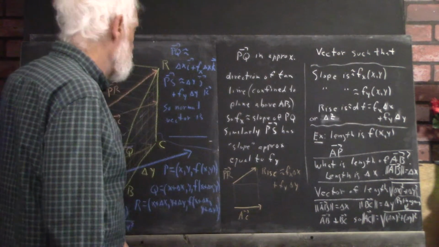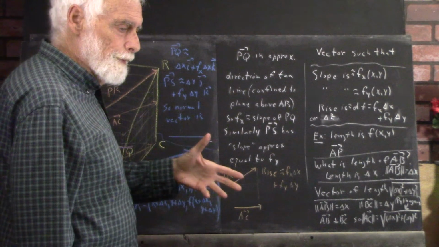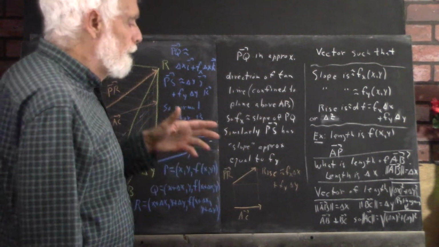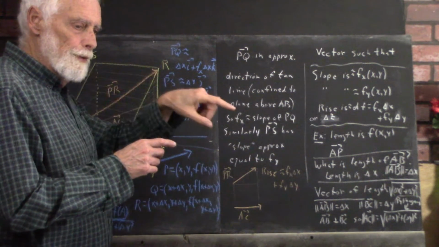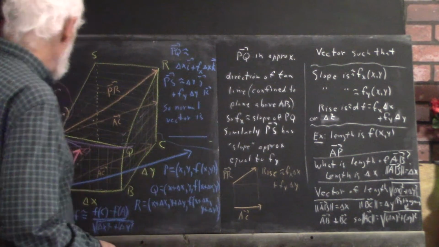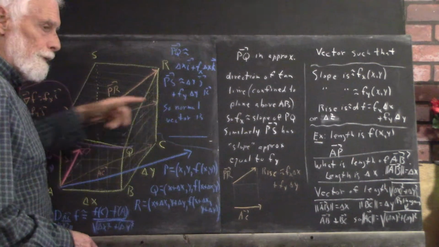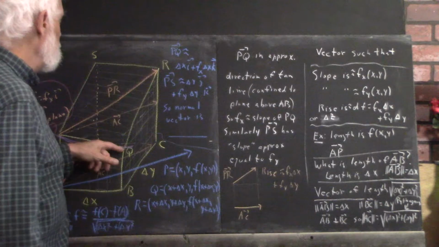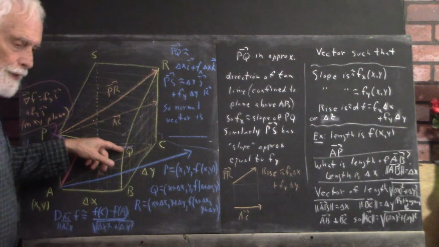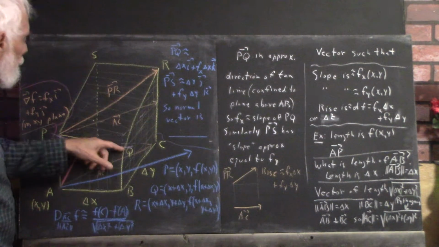What is fx? Fx is the slope of the vector tangent to the curve at the point A in the x direction. Well, the vector PQ should be close to being tangent.